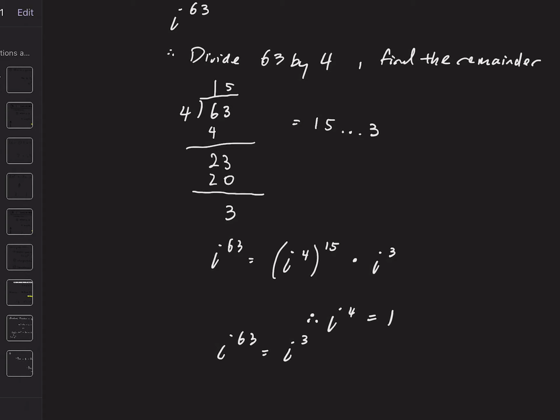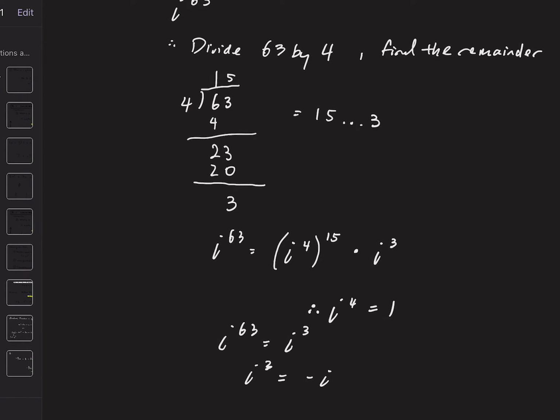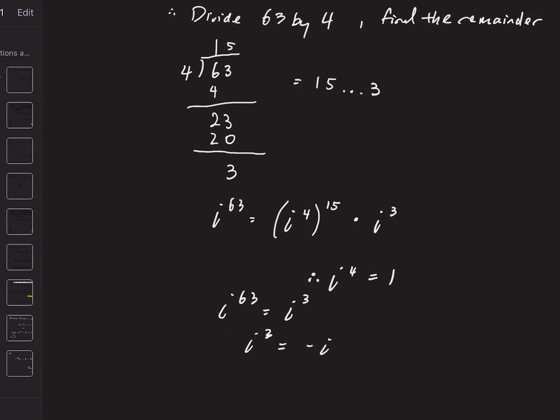As we discussed before, i to the power of 3 is just negative i, because this breaks down to i squared times i, so you can simplify it as such. So my final answer would just be i to the power of 63 equals negative i.